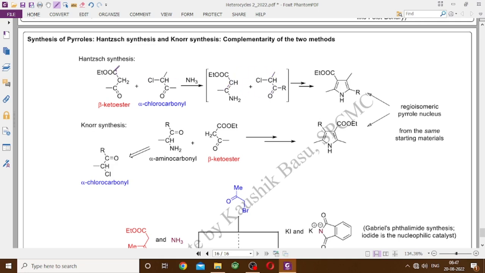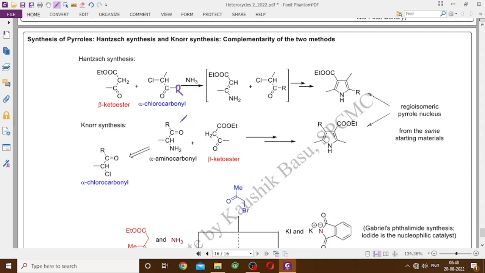So if you have a CO2 present here and your other substituents are present here, you have formation of enamine followed by SN2 followed by ring closure, so you end up with this thing. So I'm supposed to draw an R here. There should be an R here, okay?